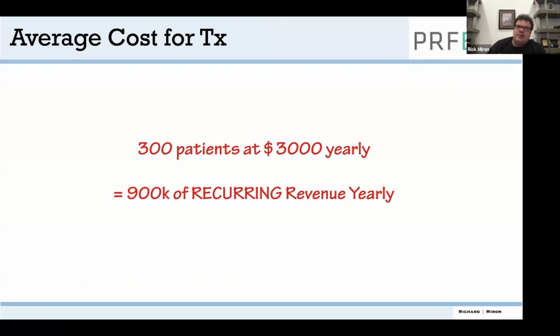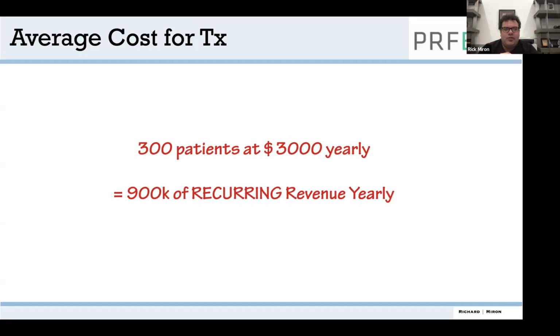Imagine how different this is than implant dentistry. In implant dentistry, if I charge $3,000 for implants, I got to find 300 patients to do implants on. But then the year after, I got to find a whole new 300 patients, and the year after, a whole new 300 patients over and over and over again. And that's kind of the lifestyle of a periodontist, right? I'm constantly searching for new cases.